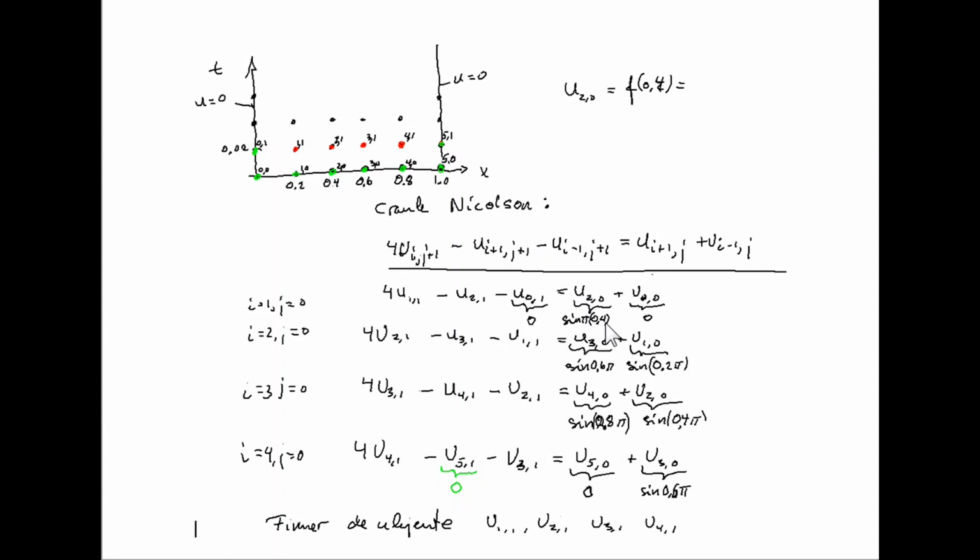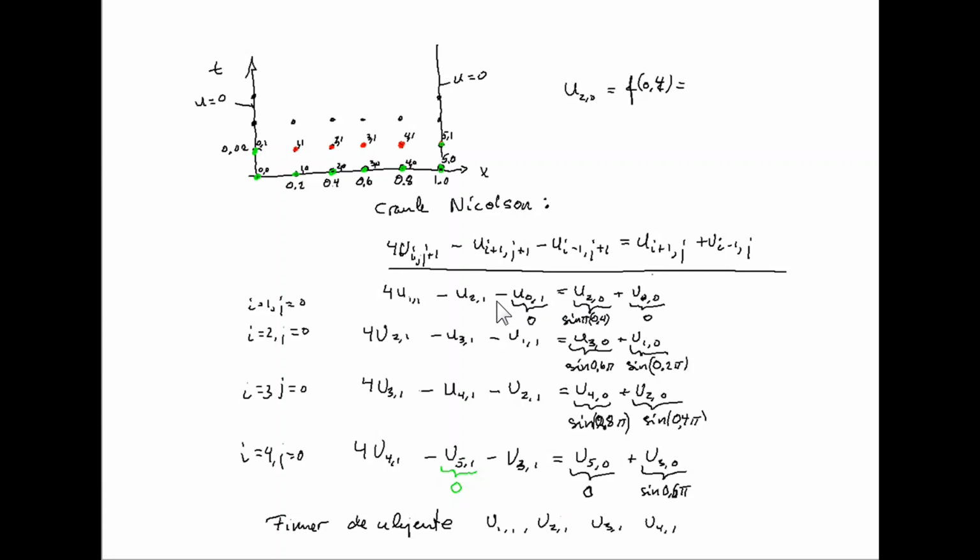I pointed to the wrong node, sorry, and this is u00, and u00 is this value, and it's of course equal to 0 because it's a boundary point. So then we have this first equation.